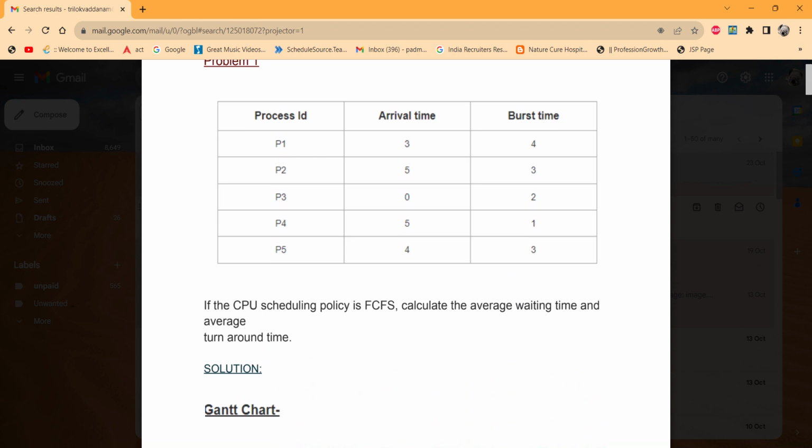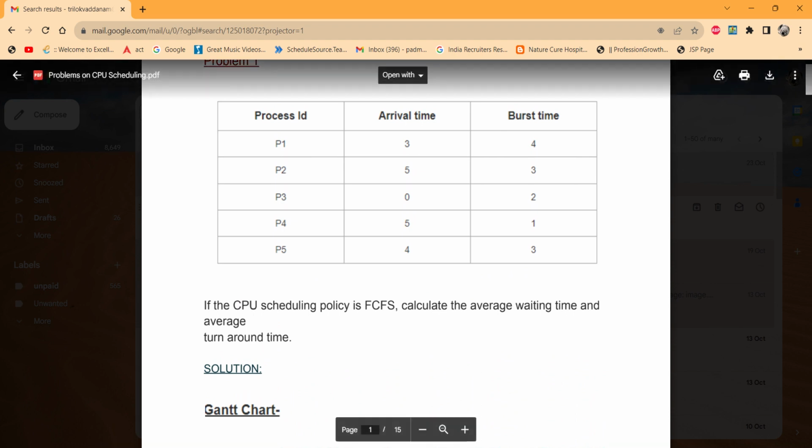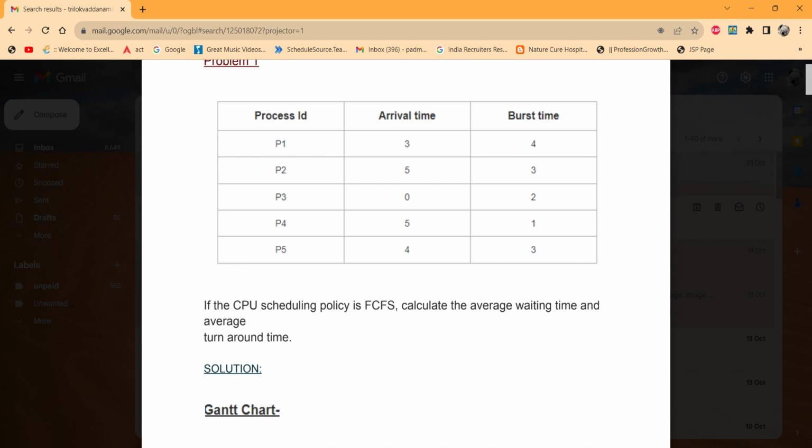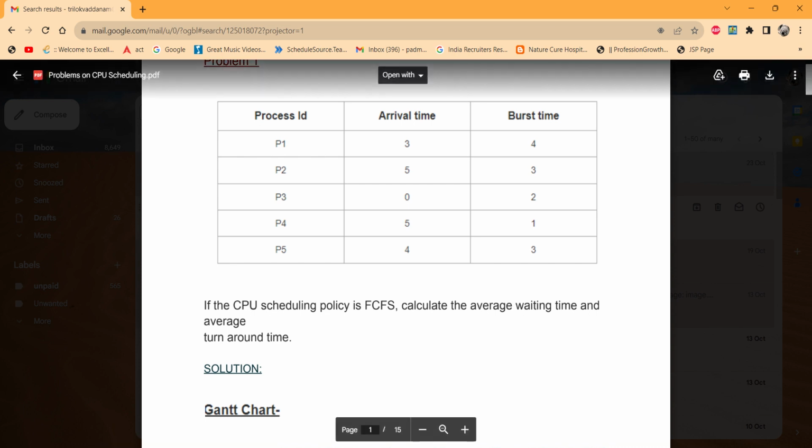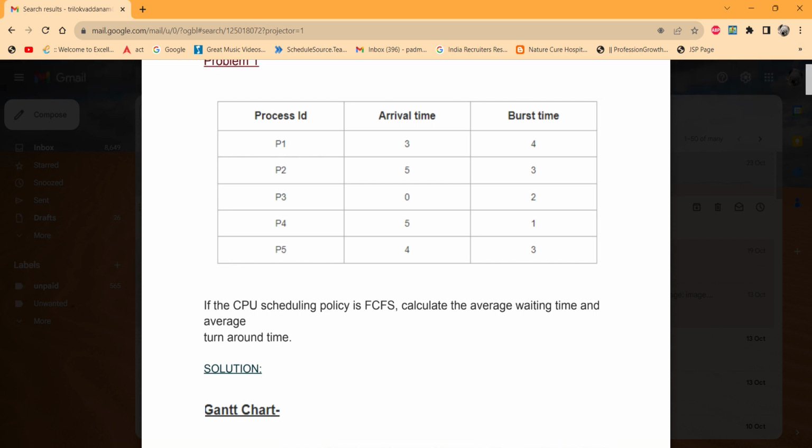You may ask the question, why has it only been run for 2 units? Because, my dear friends, as you can see in the table, the arrival time of the process P3 is 0, and the burst time of this particular process is only 2 units.